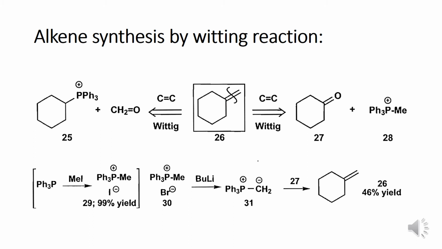Wittig did this synthesis with the iodide, that is 29, which he made himself, to give structure 26 in low yield, that is 46%, but higher yields are routinely obtained.